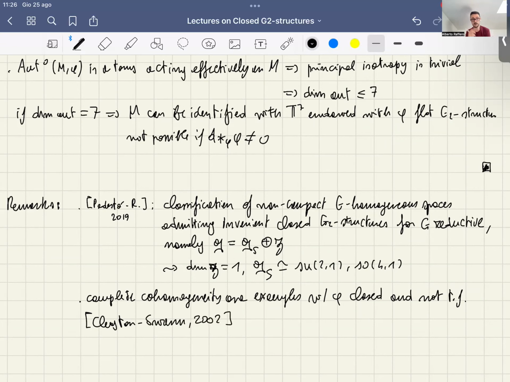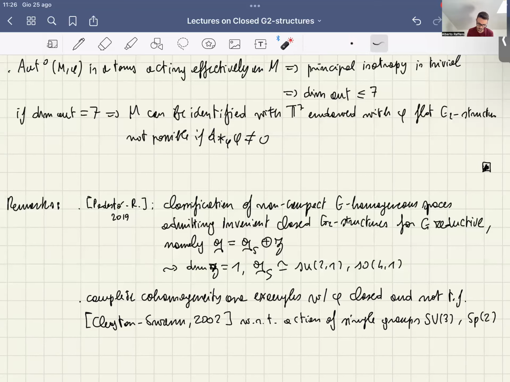They are cohomogeneity 1 examples with respect to the action of a simple group, in particular the group SU(3). So we have some examples of this form and some examples that are of cohomogeneity 1 with respect to the action of the group Sp(2).